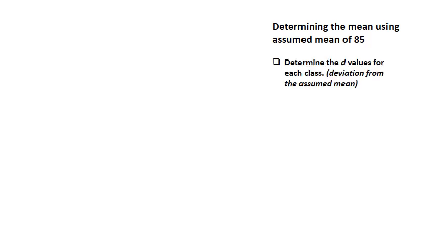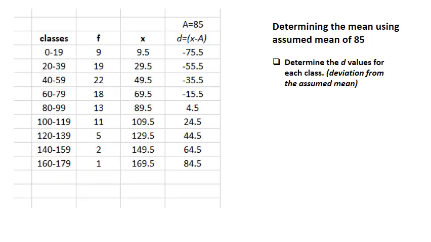And so the first thing we do is we determine the d values for each class. That is the deviation from the assumed mean. For the data we were given, we had the classes and the frequencies. Earlier on, we looked at the x's, how we get the midpoints. Now we look for d values. The d will be the x minus the assumed mean. For example, this negative 75.5 here is gotten by having 9.5 minus 85.